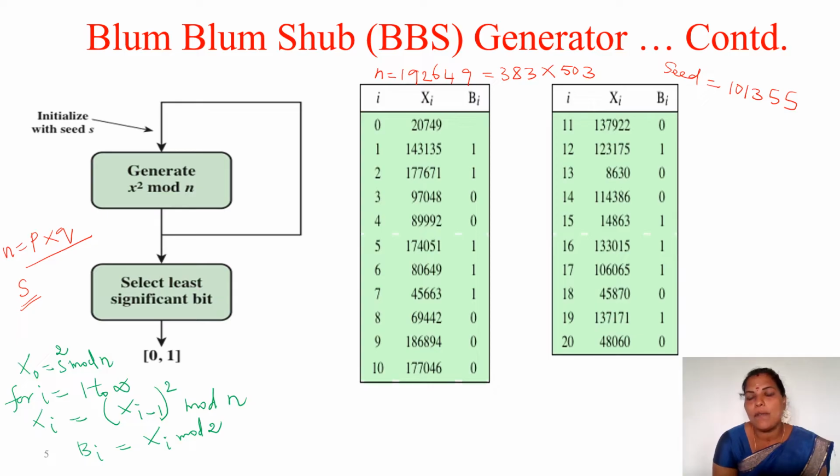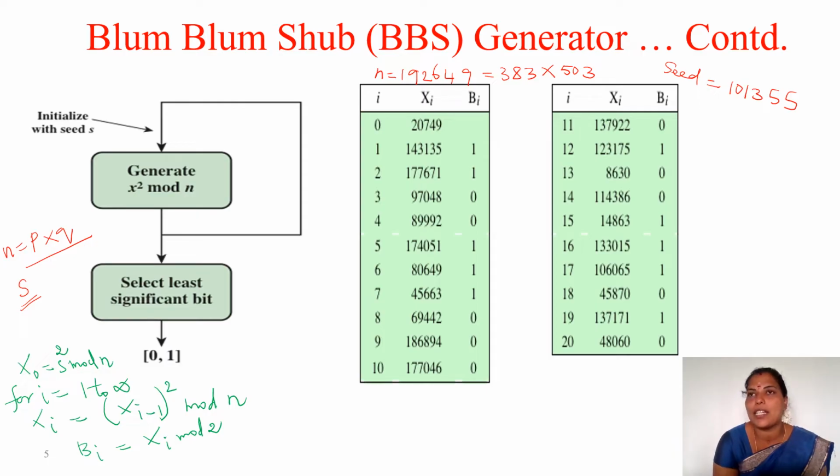Suppose we assume that P equals 383 and Q equals 503. In that case, n equals 192649, and the seed value we use is 101355. If we apply these values to this algorithm, we get the values x0, x1, x2 up to x20.